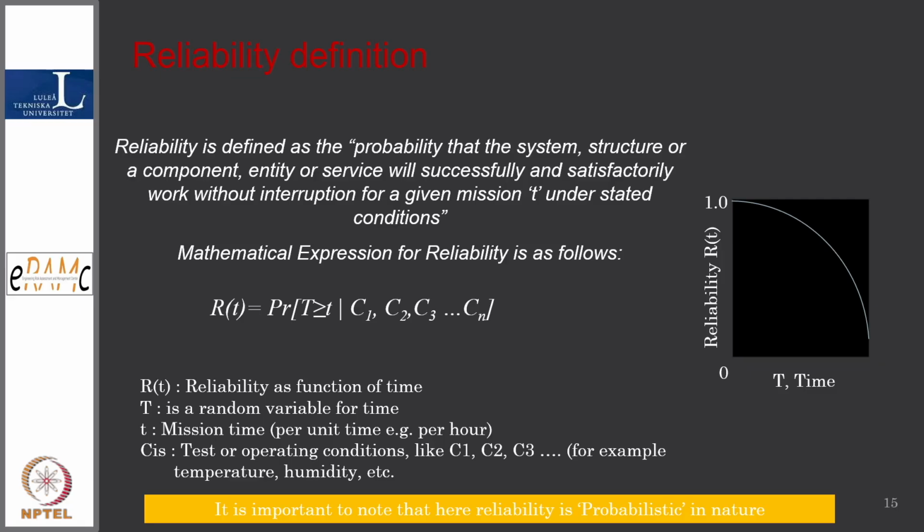And like any other attributes, here it has given C1, C2, C3, C4 under given or stated conditions. Let us say a component was to operate at normal plus 20, minus 20. So under that condition the testing also should be done, so that this reliability is applicable for the component.